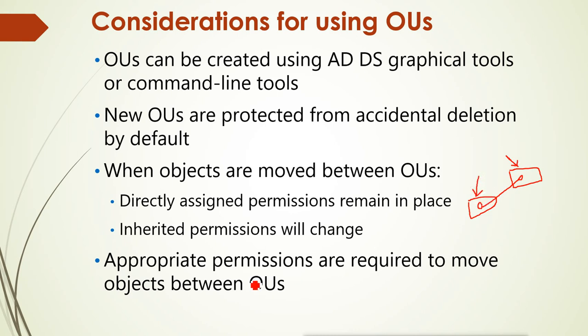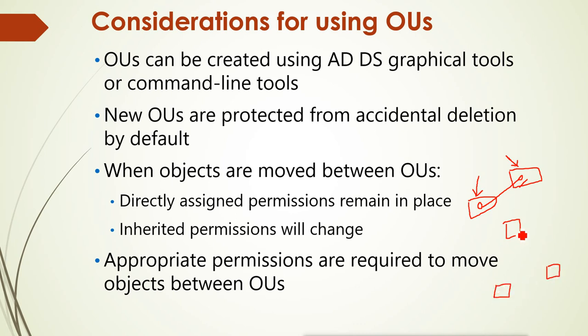Then appropriate permissions are required to move objects between OUs. So if you want to move an object from one OU to another OU, then you have to have the permission to manage these two OUs also. Now the administrator can manage every OU. It has all the rights, but administrators can delegate other users to manage the OUs also. Like if we have 10 OUs here, suppose based on location, we have one OU for Mumbai, one OU for Delhi, one OU for Chennai.